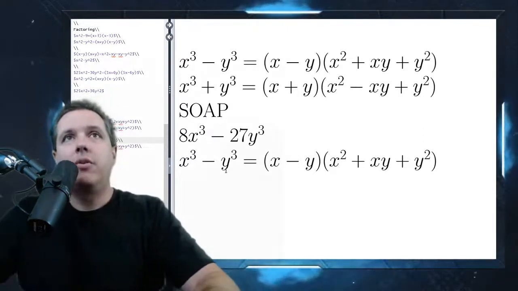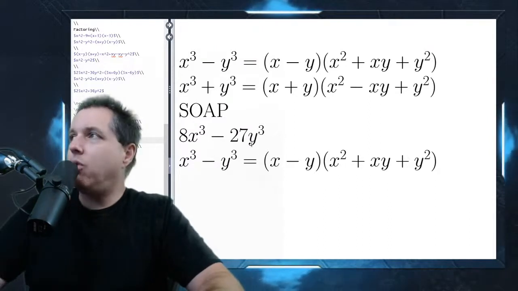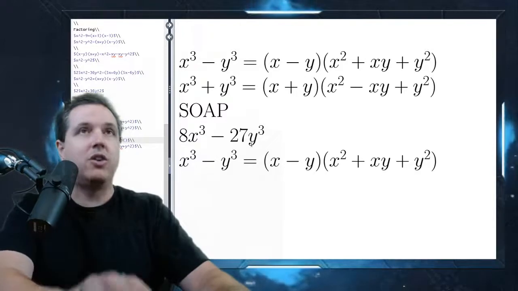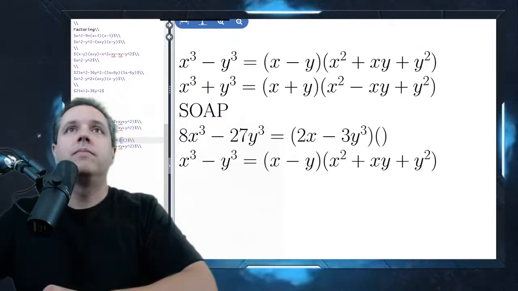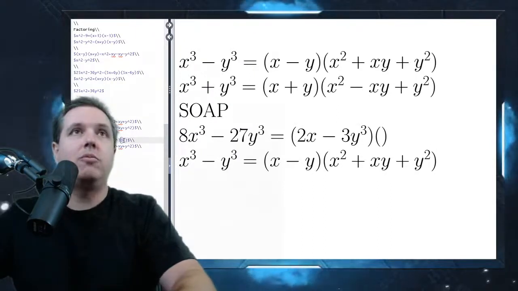And then, remember, I've got my minus sign because it's same sign, so minus. What do I cube to get 27y cubed? Well, 27 is 3 cubed, so that must be 3y. Sorry, it would be 3y, not 3y cubed.